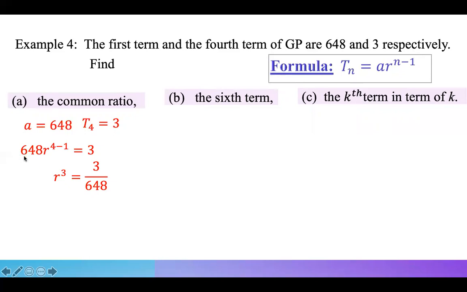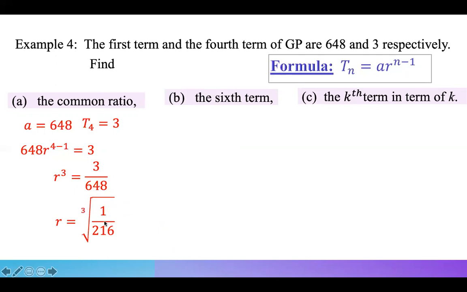How to get this? 648, you bring to the other side by dividing. Divide the right side by 648, the left side also by 648. So you get 3 over 648, which is 1 over 216. And then you find R by using the calculator.